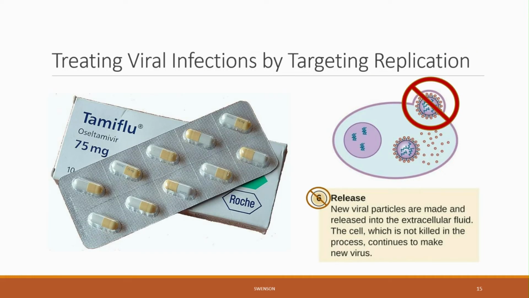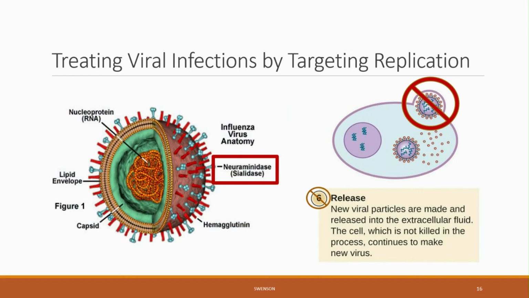And we can treat viral infections by targeting replication. So, antivirals target one of the stages of the viral cycle. For example, Tamiflu, it's also called oseltamivir, blocks the ability of the new viral particles from being released. How does it do this?